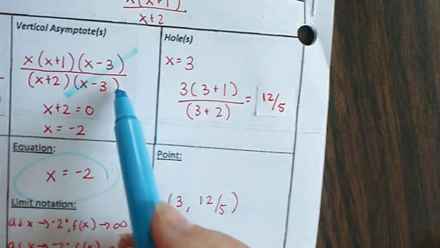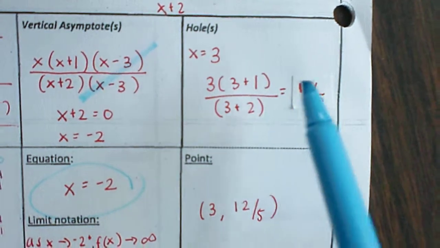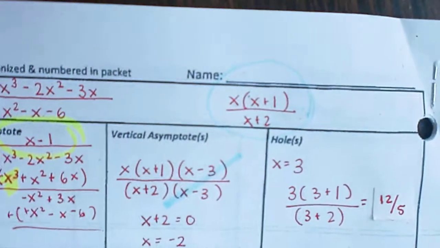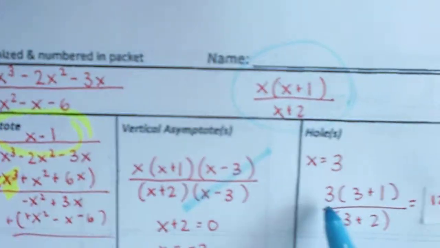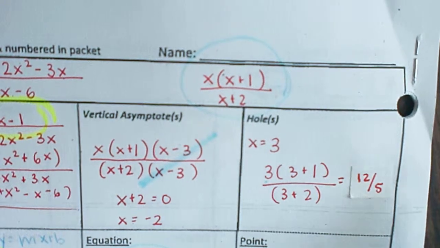Also, when we find the holes, we know that the factor we canceled was x minus 3, so x equals 3. We'll plug this into the simplified equation, x times x plus 1 over x plus 2, and that makes it 3 times 3 plus 1 over 3 plus 2, which gives us 12 fifths.